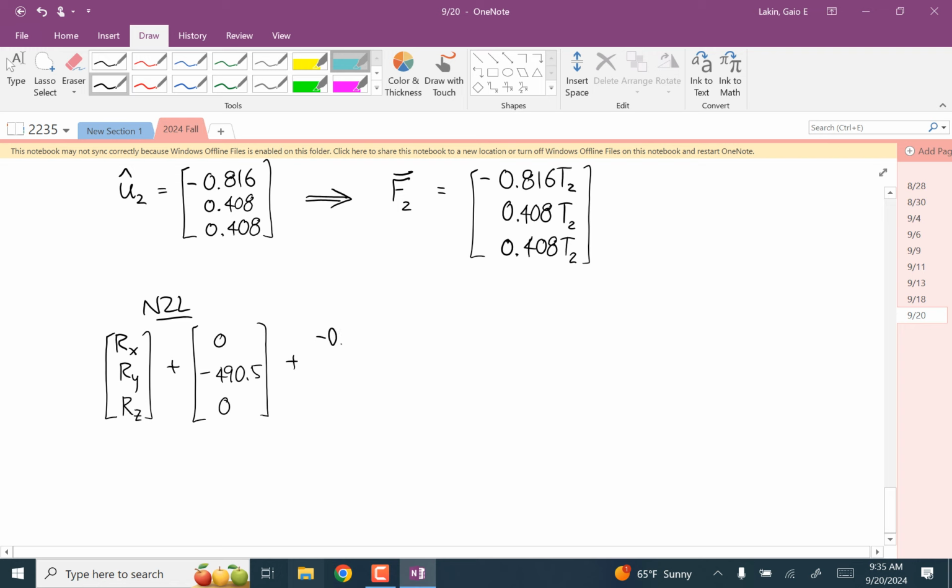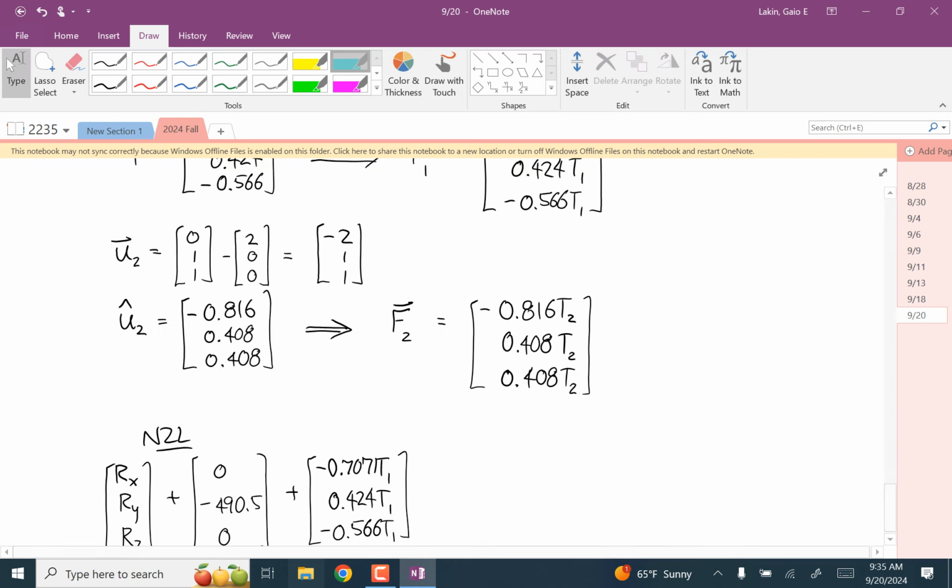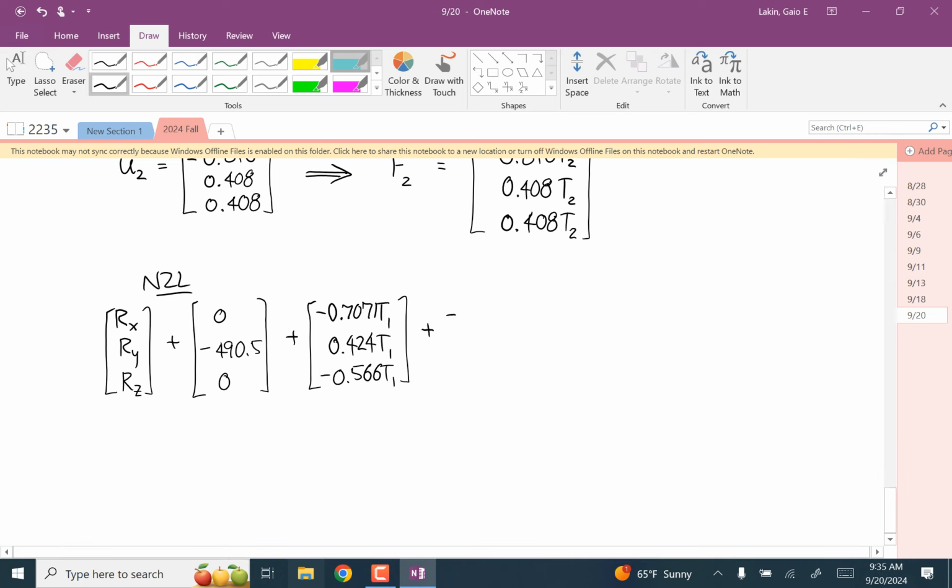Plus negative 0.7071 T1, 0.424 T1, negative 0.566 T1, plus negative 0.816 T2, positive 0.408 T2, positive 0.408 T2, is equal to 0, 0, 0.